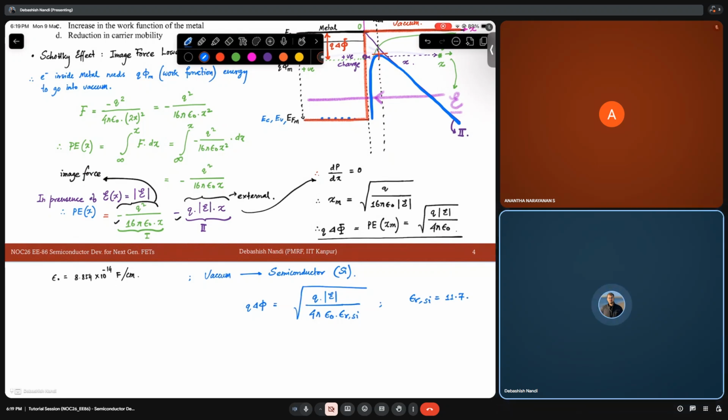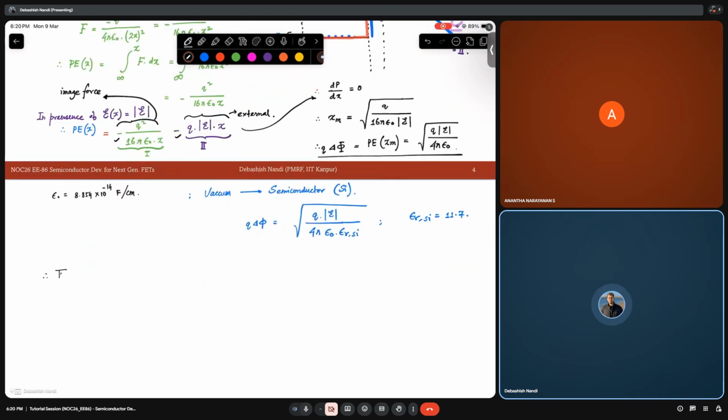So what will be the square root of that? Greater than 3, right? Yes, sir. So you can understand that the potential barrier lowering is lesser in high-K elements.